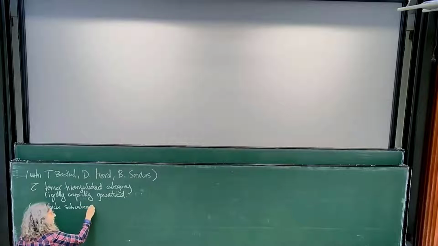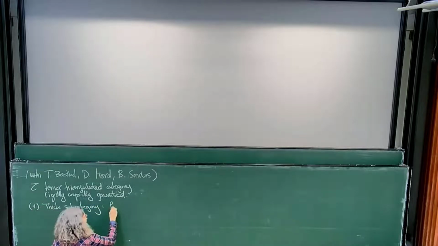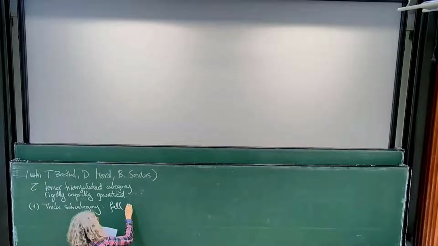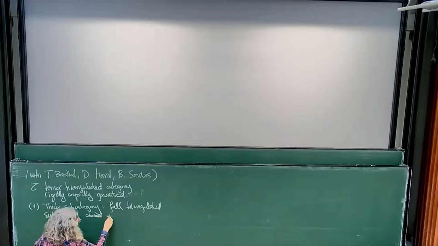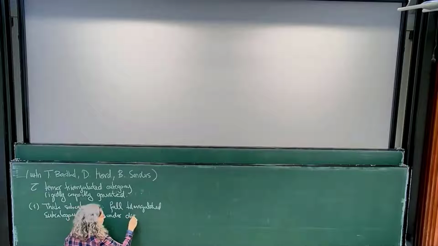Okay, let me give some definitions. That will be the objects we will be looking at. So, let me say what's a fixed subcategory. That would be a full triangulated subcategory, which is closed under direct summands.